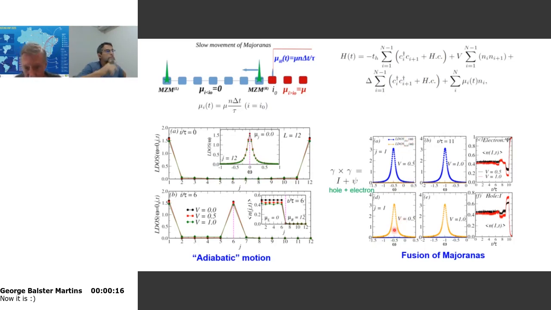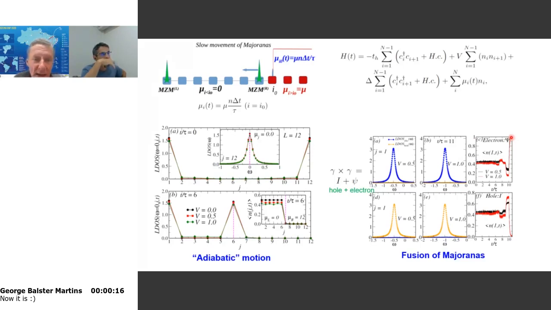If you choose the other of the two channels, symmetric or antisymmetric, then it's the opposite. You get the opposite result. So there are no electrons after the fusion in one case, and then there is a full electron after the fusion in the other channel.